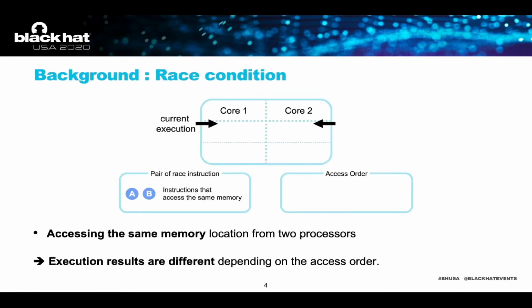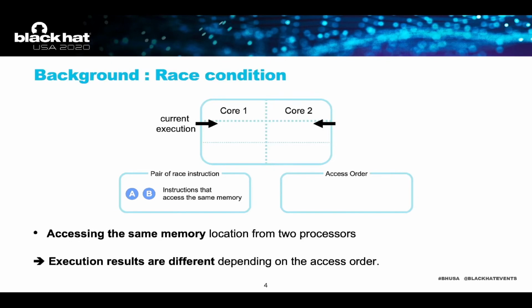So, what is the race condition? Basically, race conditions occur when multiple processes access the same memory location, and it results in a different memory state depending on the access order. For example, suppose two instructions A and B are executed by core 1 and 2 respectively, and each of them reads or writes the same memory location.